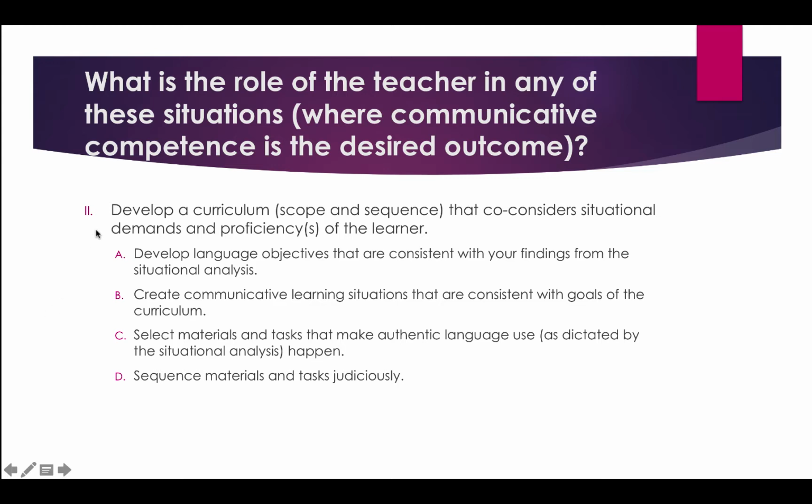You need to find a way to connect that low level learner to what's going on in the class, and you do that through differentiated language objectives. Okay, so you write language objectives maybe for a couple of different proficiencies of learners, as we do in K-12 in the United States. In science class, history class, learners are obliged to be there, whether they have the linguistic ability or not.